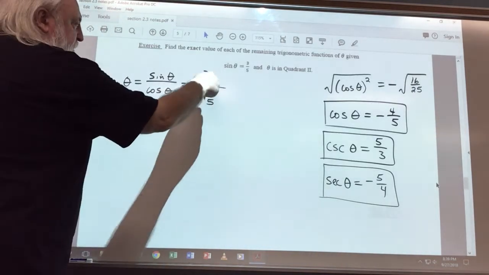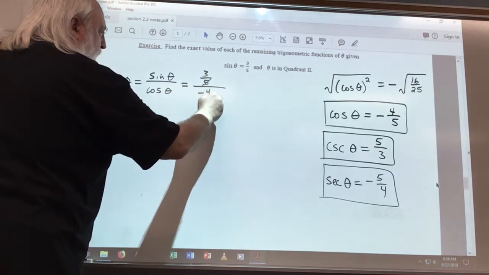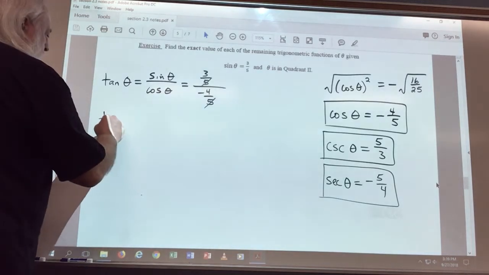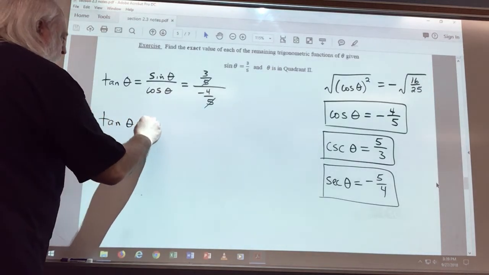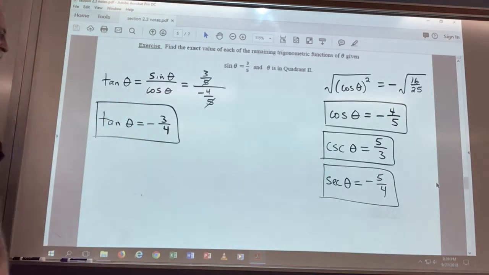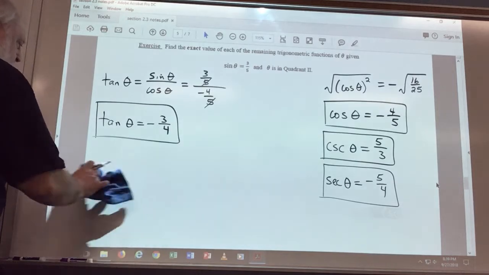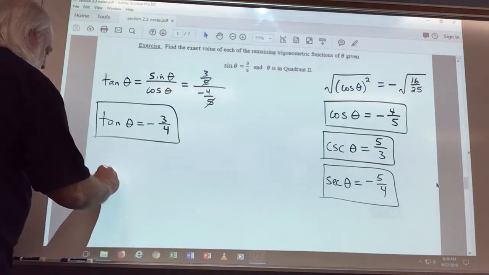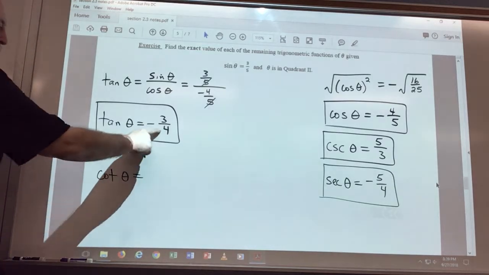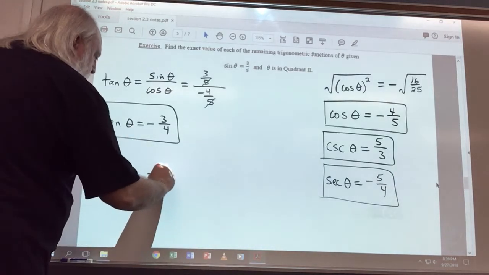And when you divide those two fractions, since they have the same denominator, right, the 5's cancel, and what are we left with? Minus 3/4. And so we immediately know that tangent theta is equal to minus 3/4, as in the previous approach to solving this problem. Cotangent theta we know is a reciprocal of tangent theta, and the reciprocal of minus 3/4 is minus 4/3.